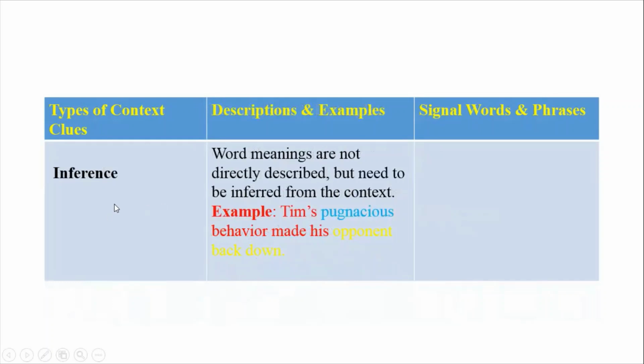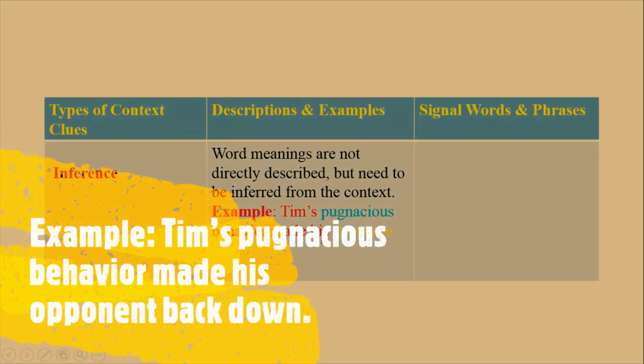And last but not least is inference. Sometimes we have to infer the meaning from the text according to the meaning of the whole sentence. Here the writer is not going to give a clear description of the word, but we have to infer from the sentence or from the context. Tim's pugnacious behavior made his opponent back down.